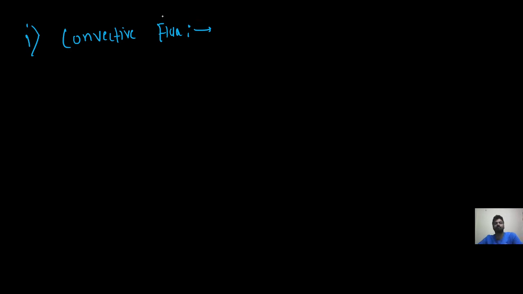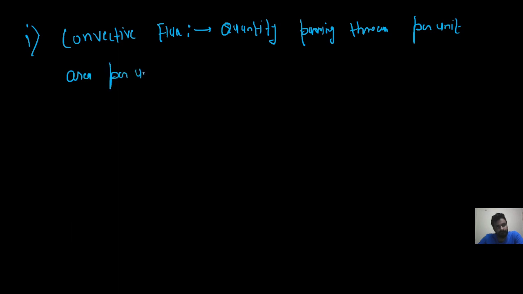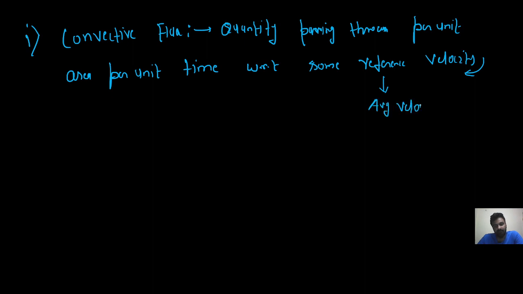It is the quantity passing through per unit area per unit time with respect to some reference velocity, and that reference velocity is the average velocity.